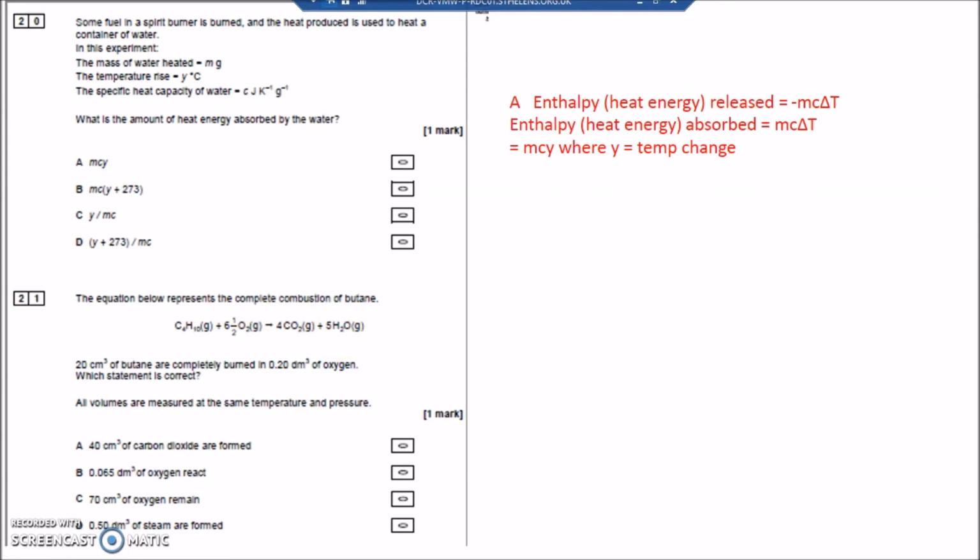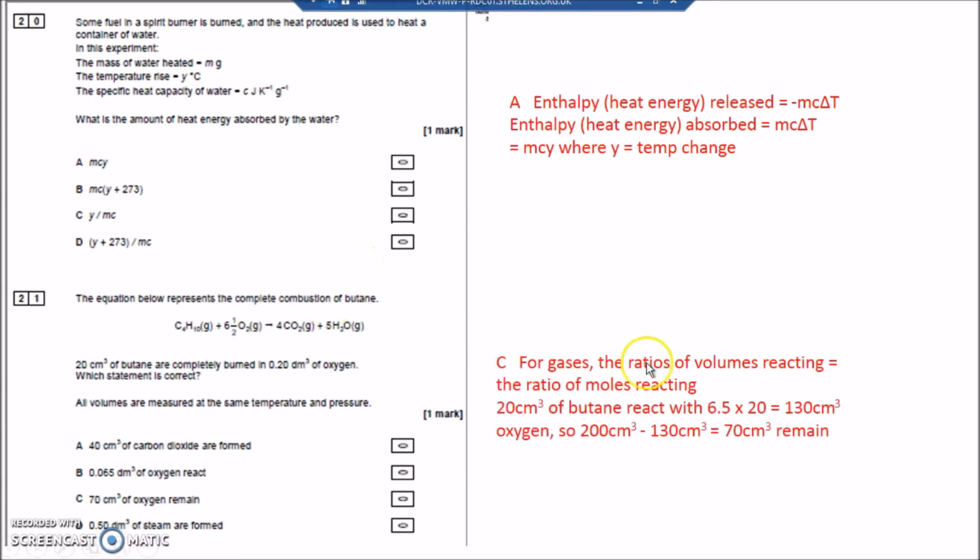The equation below represents the complete combustion of butane. 20 centimetre cubed of butane is burned in 0.2 decimetre cubed of oxygen, in other words 200 centimetre cubed. Which statement is correct? All volumes are measured at the same temperature and pressure. Let's work it out then. For gases, the ratios of volumes reacting are the ratios of moles reacting, because whatever gas you've got, 24 decimetre cubed is 1 mole.